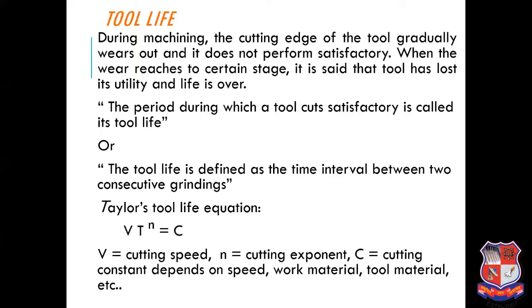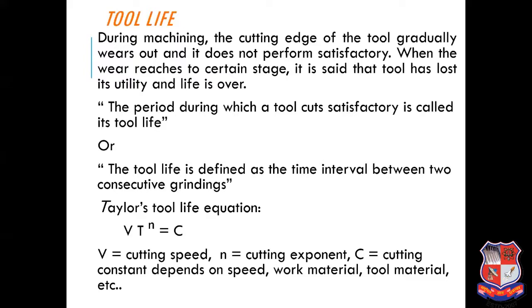So we can define the tool life as the period during which a tool cuts satisfactorily, or it is the time elapsed between two consecutive grindings. That way we can also define the tool life.